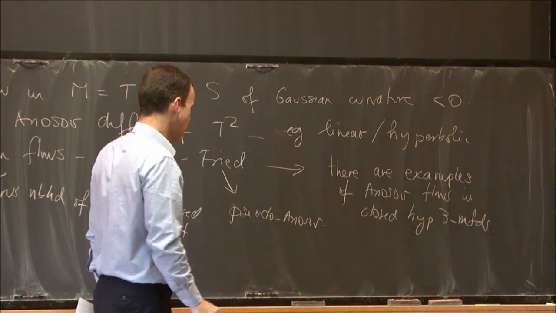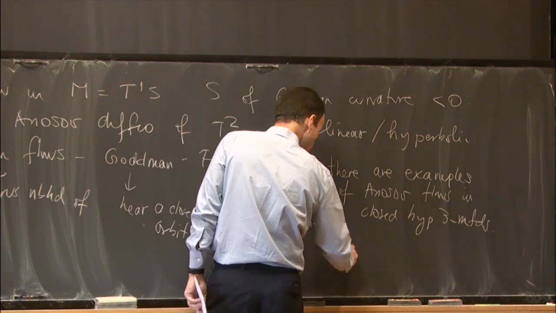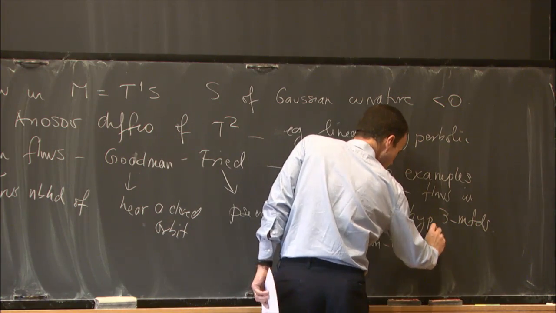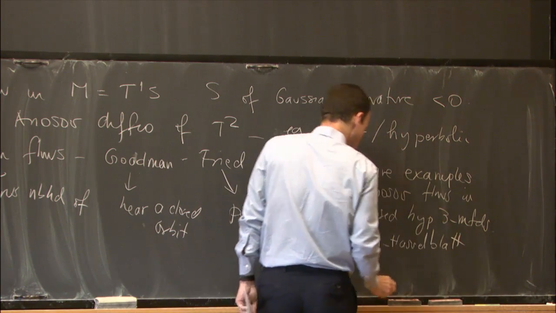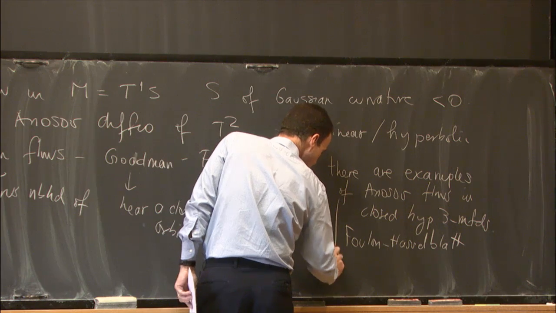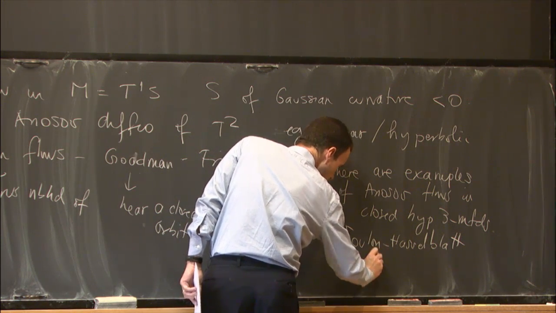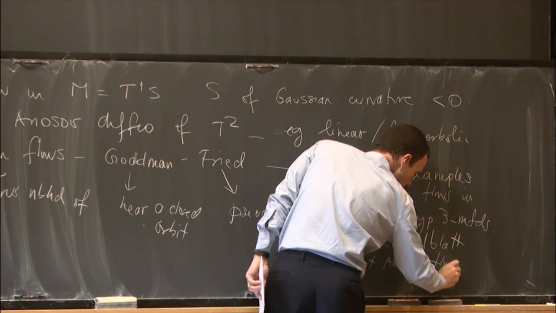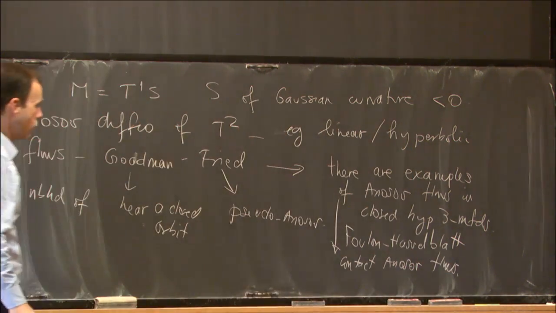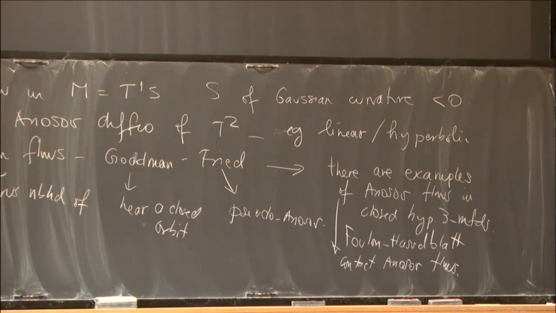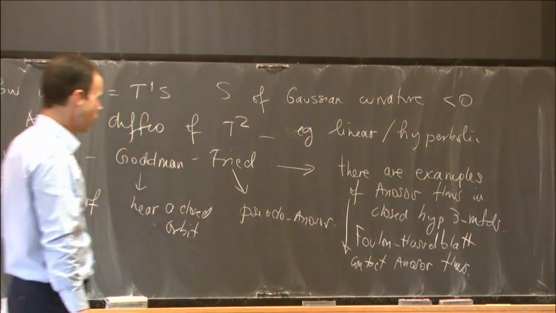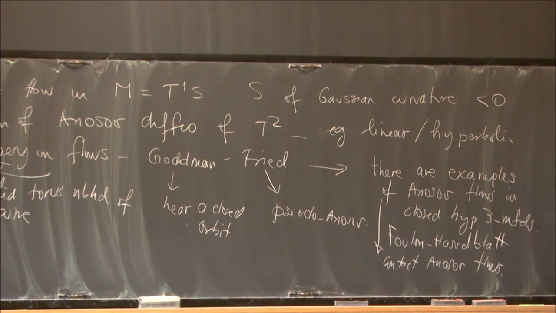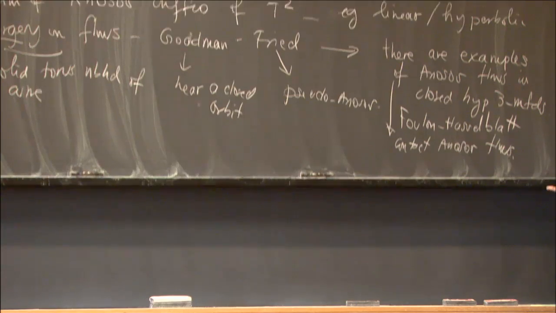And more recently, Foulon and Hasselblatt said that there are contact Anosov flows. Meaning that the flows preserve a contact form, which implies a certain property which will be later on really important for us. And there are examples of contact Anosov flows in certain hyperbolic three manifolds. Okay? So Anosov flows are very common.